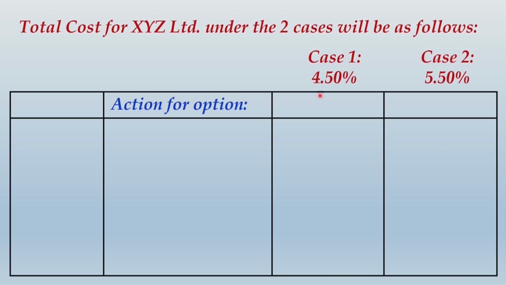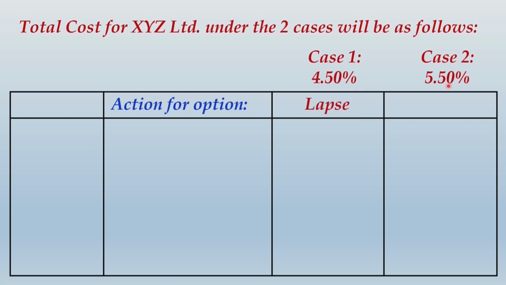So what would happen if the prevailing interest rate is 4.5% and there is an interest rate guarantee contract under FRA? Obviously XYZ Limited is not going to exercise this option because the rate is substantially lower than the FRA rate offered by the bank, which was 5.04%, and this prevailing rate is simply 4.5%. So in that case you simply let the option lapse.